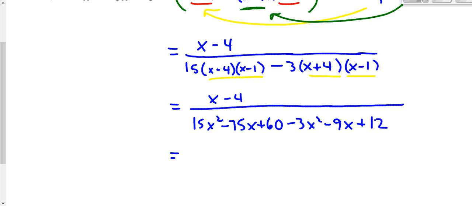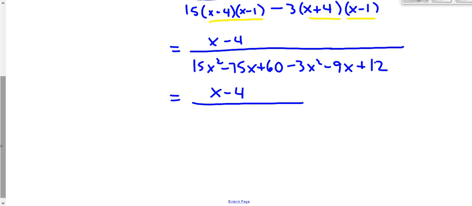Now let's combine our like terms. So we have 12x squared minus 84x plus 72. Okay, so maybe we can factor that. Well, definitely we can factor that because we can factor out a 12, but maybe there will be a factor that cancels with the x minus 4 on the top. We don't know until we try. So let's figure it out.